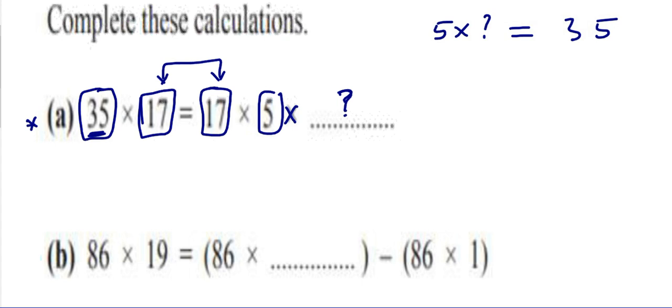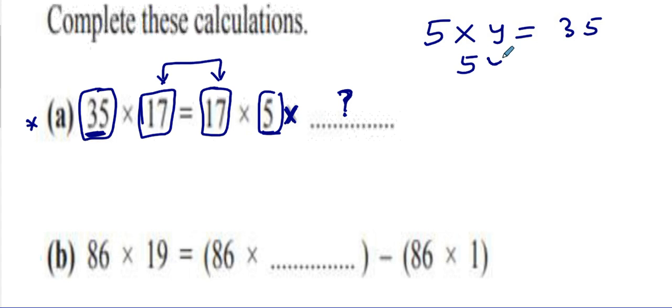So remember what I said? Any number you don't know, treat it as a letter. So 5 times, say, y equals 35. This will be 5y equals 35, because 5 times y is 5y. I'm looking for how much y is, so I have to divide by 5.